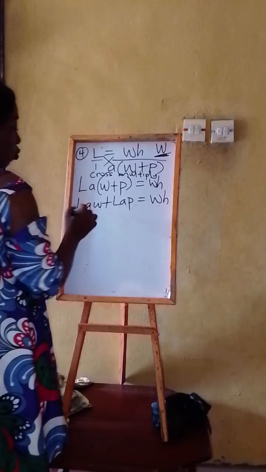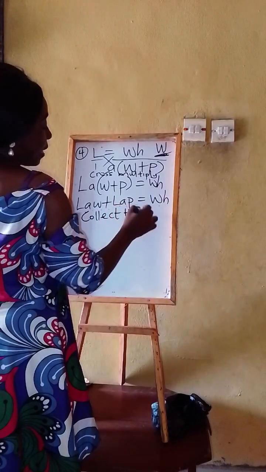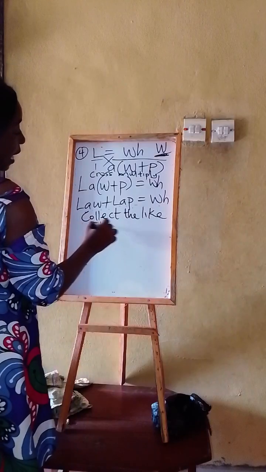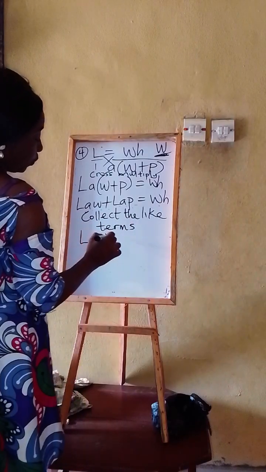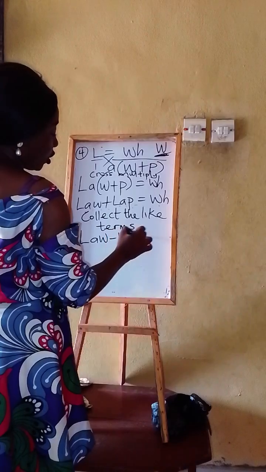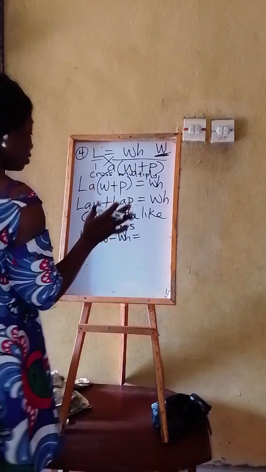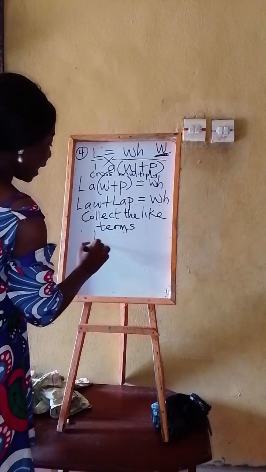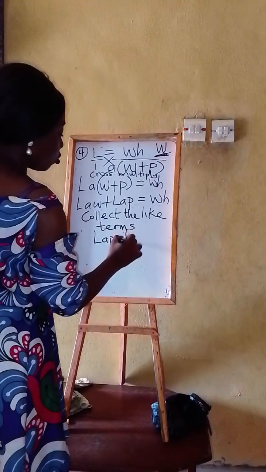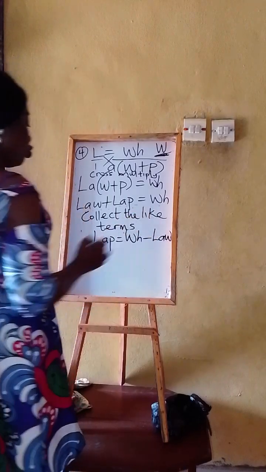So what do we do? You collect the like terms. I have LAW minus WH equals, okay, probably because I don't want this to be negative, I can leave it: LAP equals WH minus LAW.